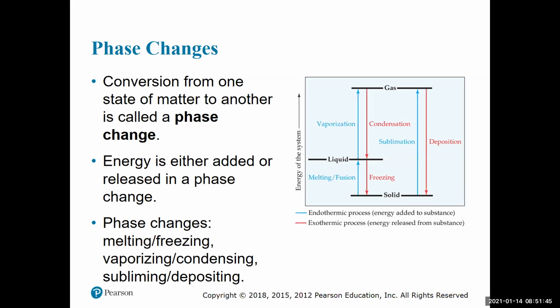So that also is an endothermic process. And then the last endothermic one, going from solid to gas, skipping that liquid phase, that's called sublimation. And so to sublime something, once again, you have to put energy in to have that physical phase transformation.